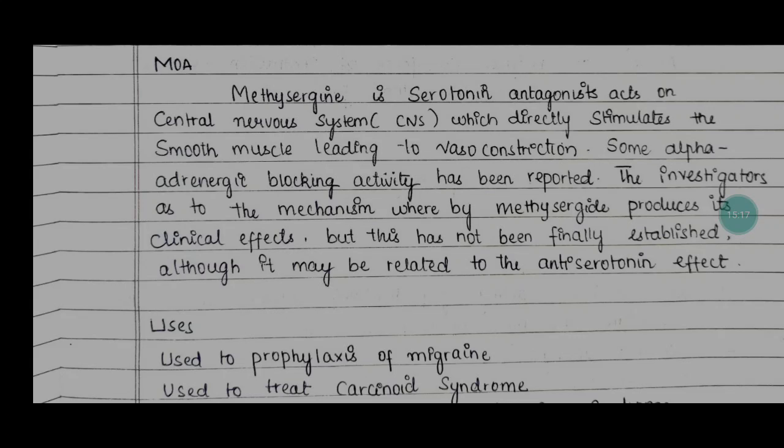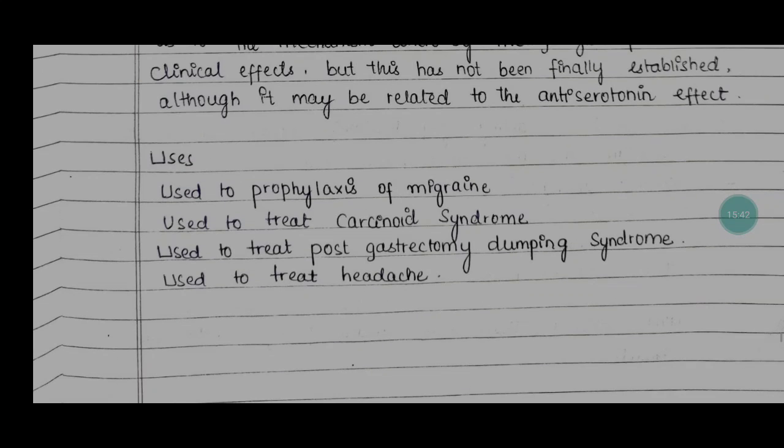The investigators studied the mechanism whereby methysergide produces its clinical effects, but this has not been finally established, although it may be related to the anti-serotonin effect. The uses are: it is used as a prophylaxis for migraine, and it is used in the treatment of carcinoid syndrome.